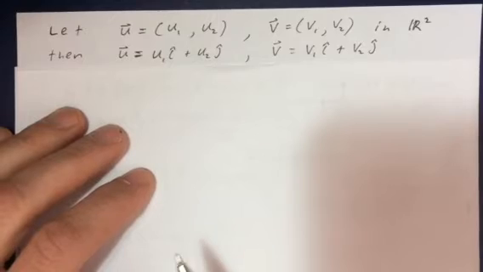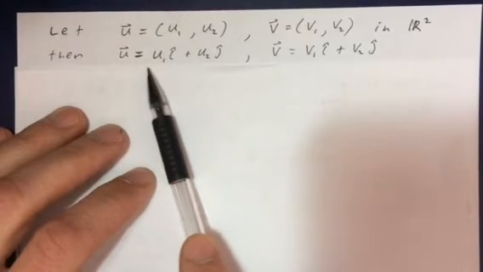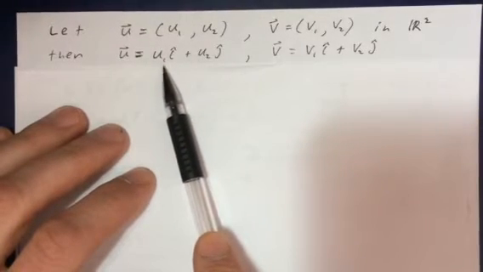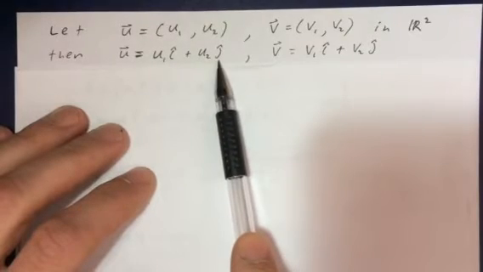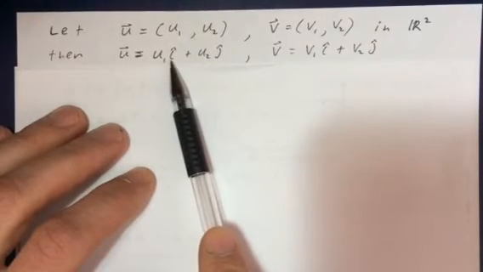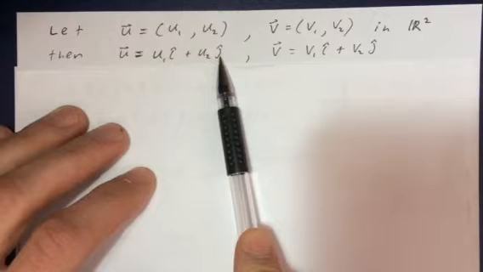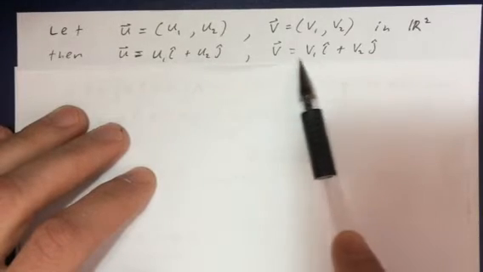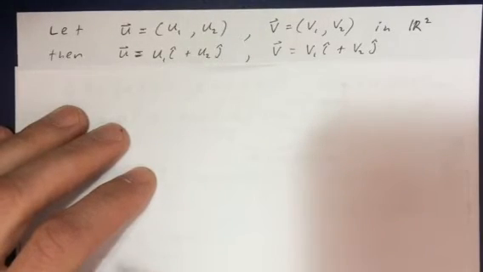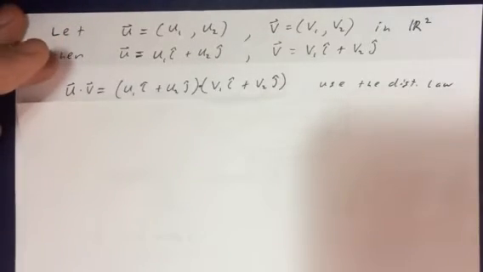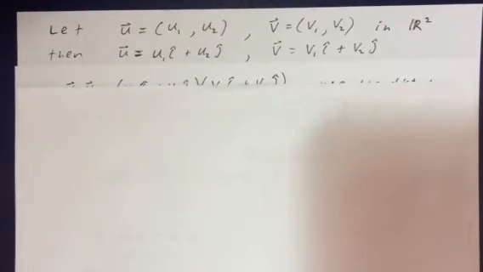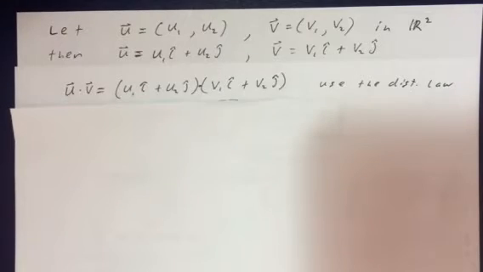Then u also equals u1 i plus u2 j, where i and j are the unit coordinate vectors: the unit vector in the direction of the x-axis, and the unit vector in the direction of the y-axis. Same for v. So now we're writing them as vectors, and let's see what happens when we do the dot product.